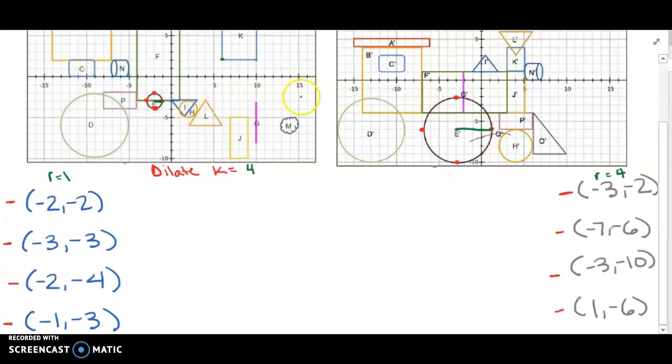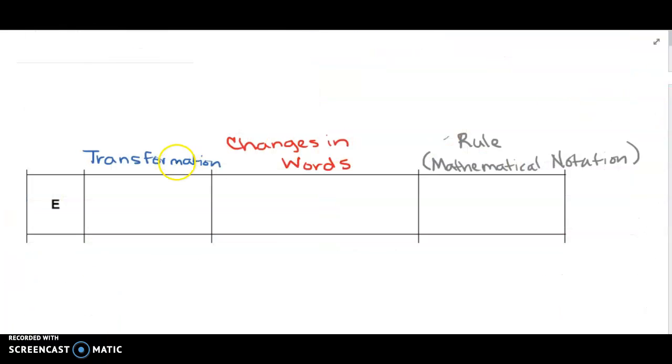Remember, this is point E, so if we go to here, we're going to say dilation, and we're going to dilate by a scale factor of 4 with my center of dilation at the origin.